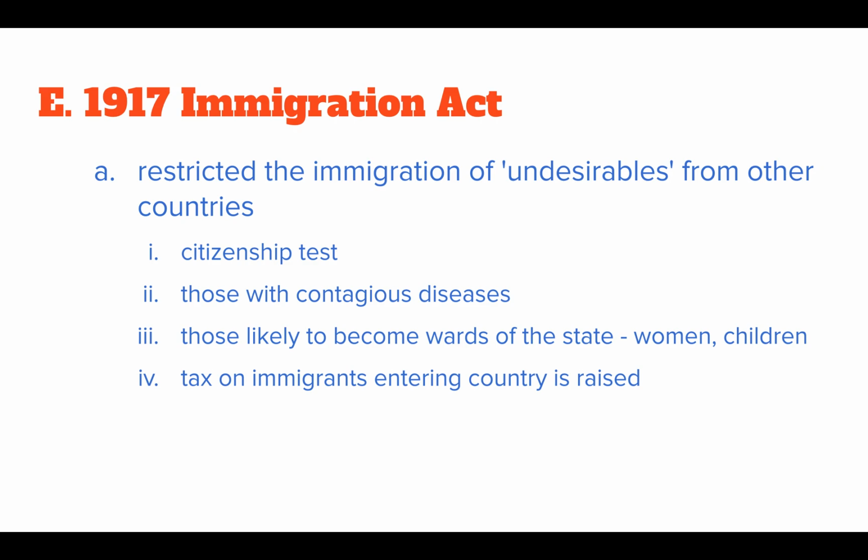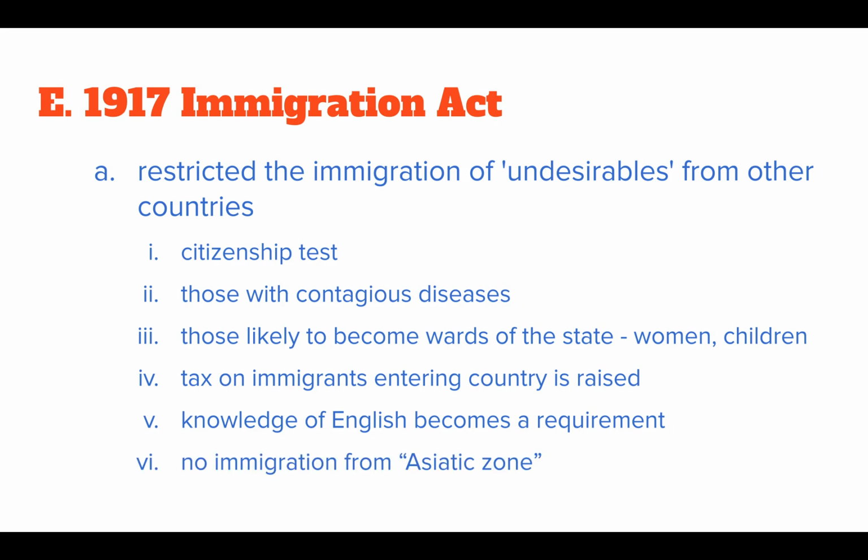The tax on immigrants entering the country is raised, so it becomes more expensive to immigrate to the United States. Knowledge of English becomes a requirement, which is going to eliminate a lot of potential immigrants. And no immigration from the Asiatic zone.